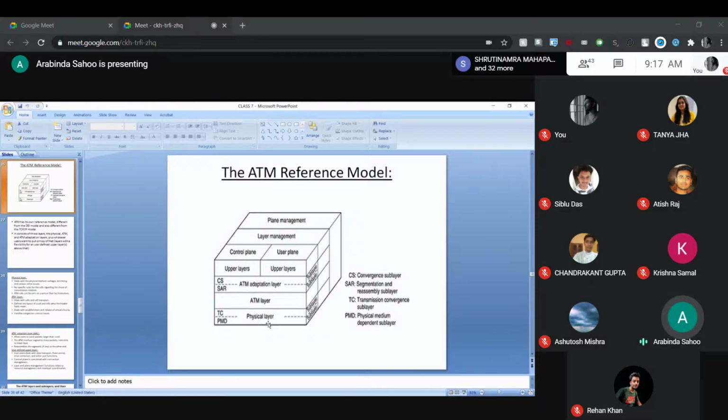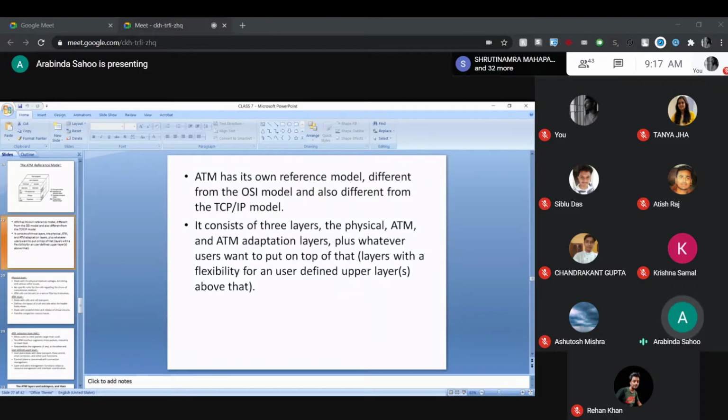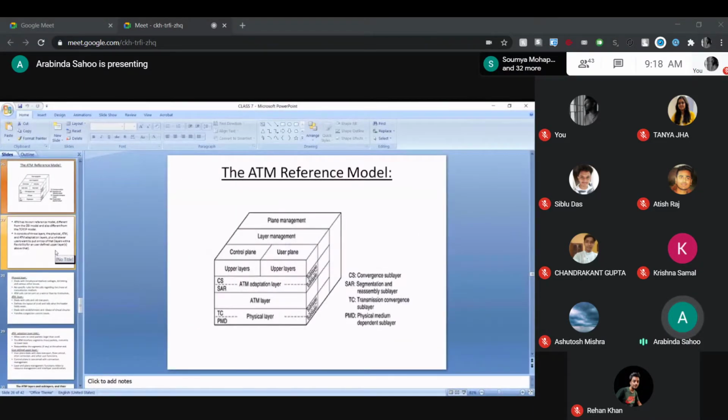So first write this: ATM has its own reference model, different from the OSI model and also different from the TCP/IP model. It consists of three layers. So write down the second point: the physical layer, the ATM layer, and the ATM adaptation layer, plus one user layer, that is, an upper layer based on your user.